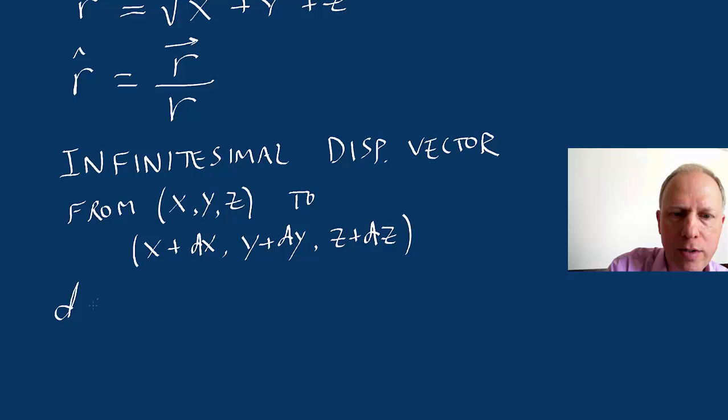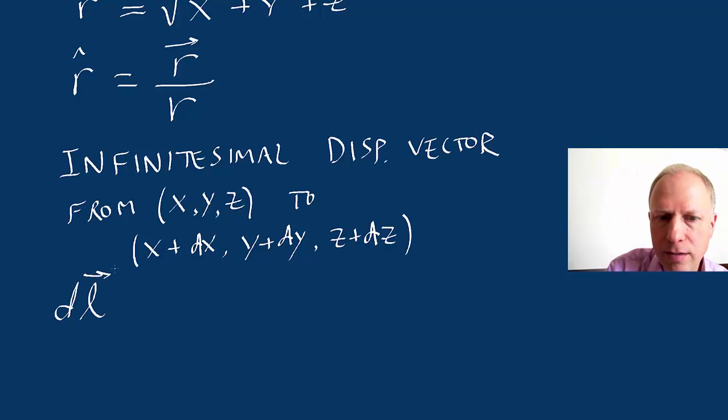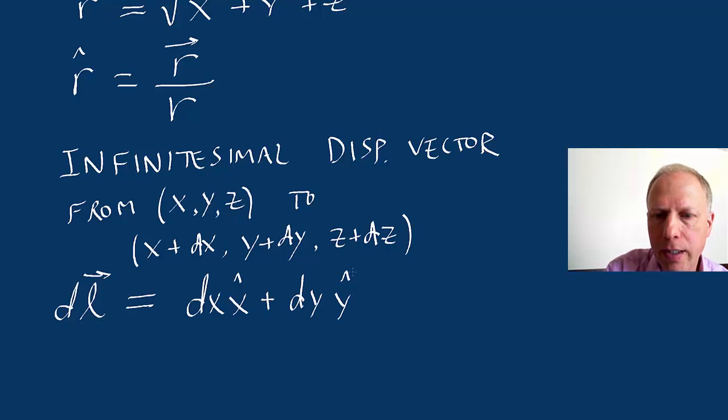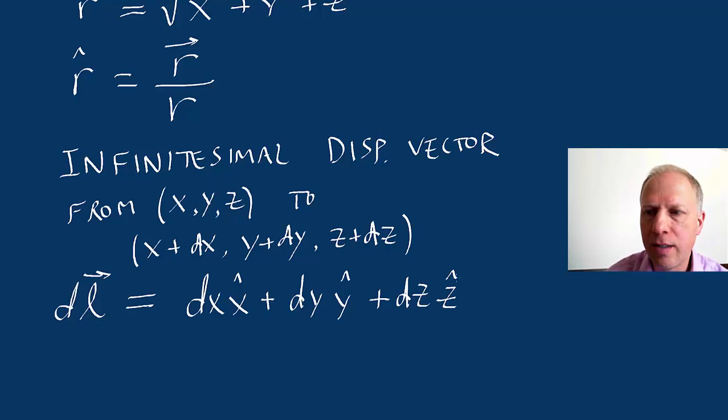So the infinitesimal displacement vector, in this book he writes dl, little l, is dx x hat plus dy y hat plus dz z hat. And this kind of thing is used in some forms of integration, like line integrals.